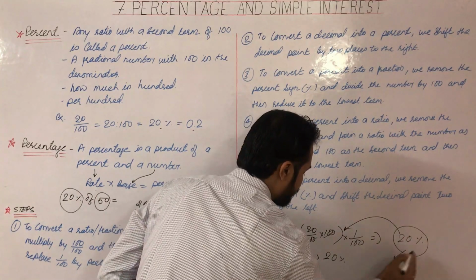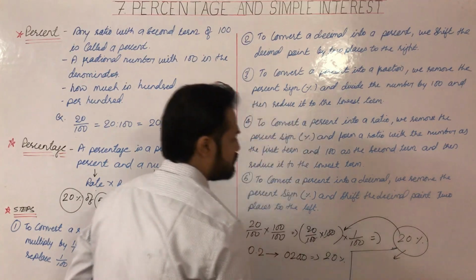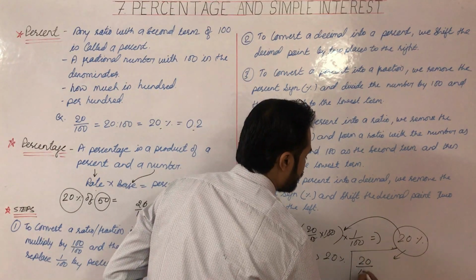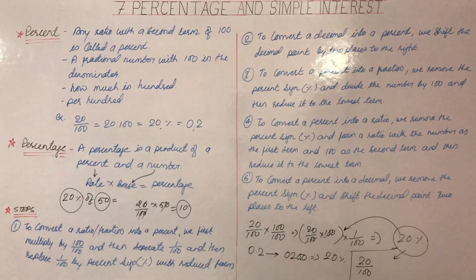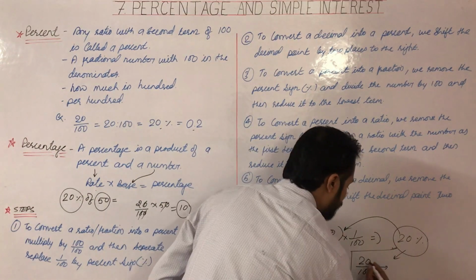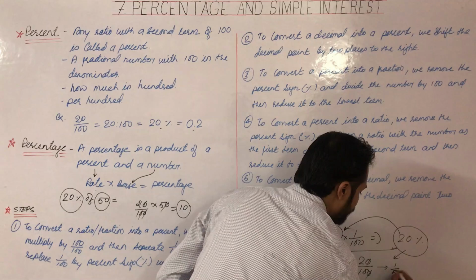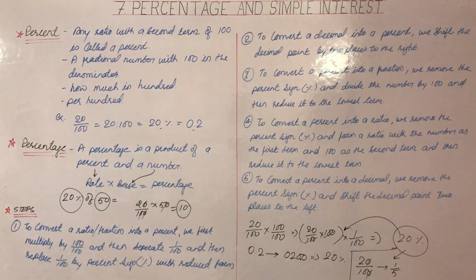Let's try to solve 20%. So in the first step, we remove the percent sign and divide the number by 100 and then reduce it to the lowest form. So 20 by 100, that is 2 by 10 or 1 by 5. So 20% means 1 by 5.